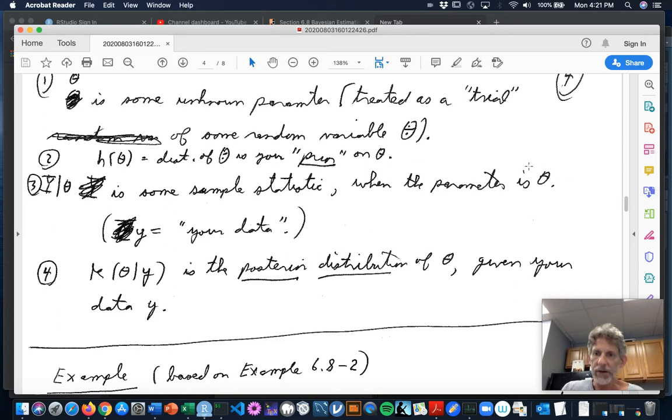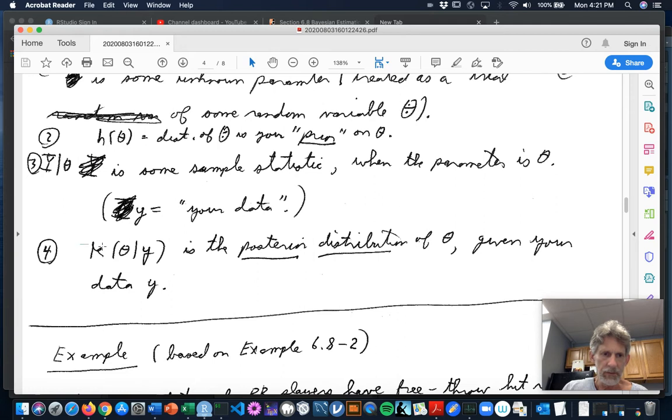But it'll be affected in its distribution by what little theta really is. So whatever particular value that capital Y turns out to be, that's your data. Like in our problem, the data was khakis. It could have been that we had on jeans. That would be another possible value for the capital Y.